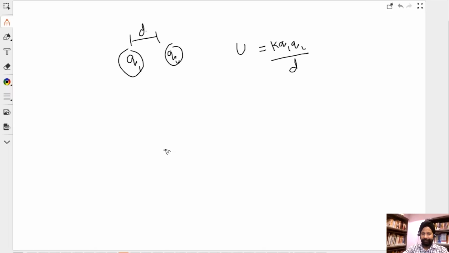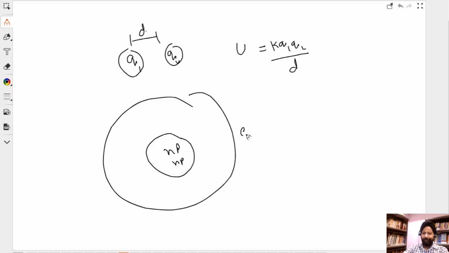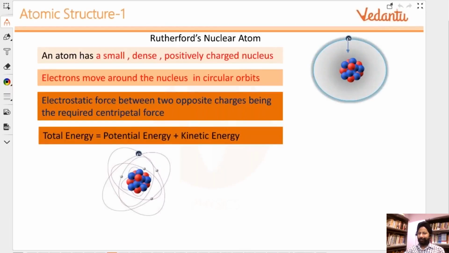So when you have an atom here and then you have an electron here, the electron has some potential energy because it is bound by this proton. It also has some kinetic energy because it is moving. Does everybody understand this part? Kinetic plus potential, that is the total energy of the electron out there. Right, so that is being said here, total energy.